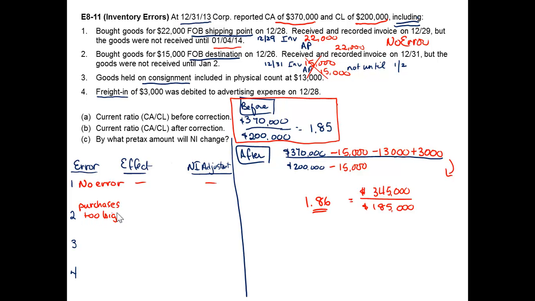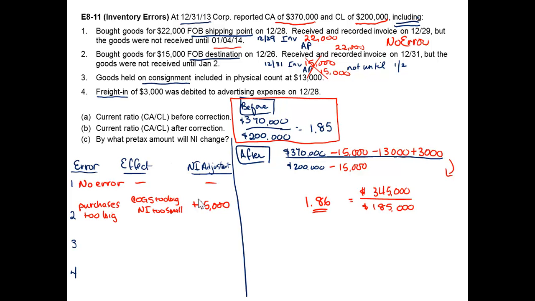And if our purchases are too big, then our cost of goods sold is too big, which means our net income is too small. So to correct it, we would add back the $15,000 as a net income adjustment.